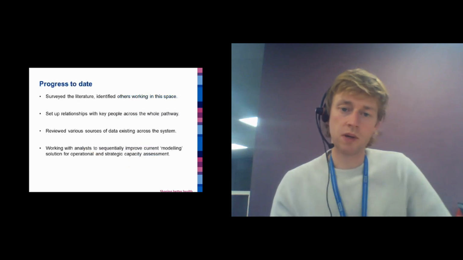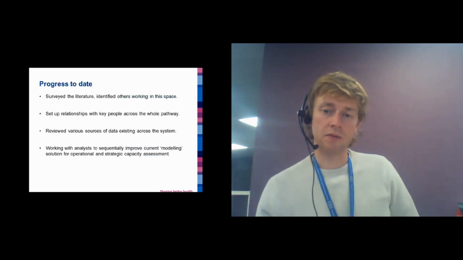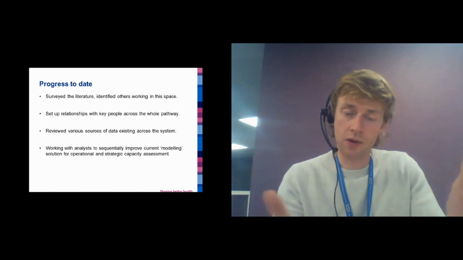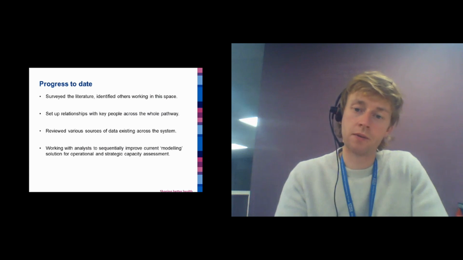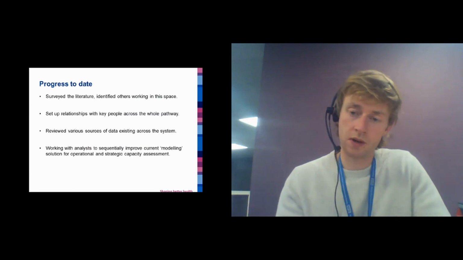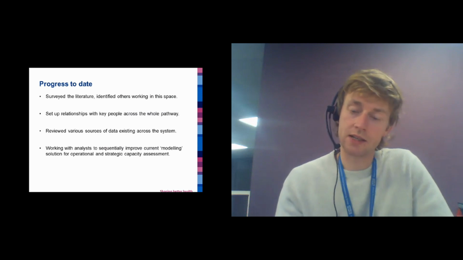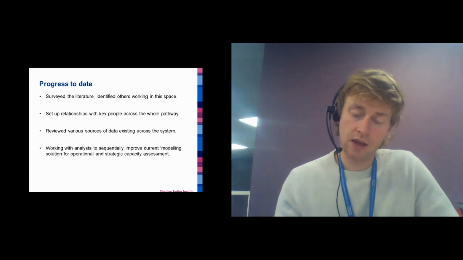So this is one of the things we're really looking to test in this project. The progress to date has been surveying the literature, identifying others working in this space around the UK. We've been setting up local relationships with key people across the whole pathway through acute, community and social care. And we'll be reviewing various sources of data existing across the system.